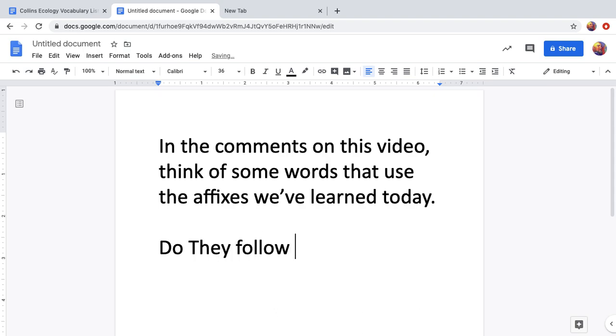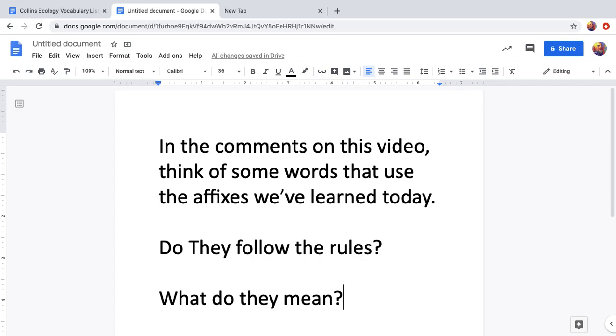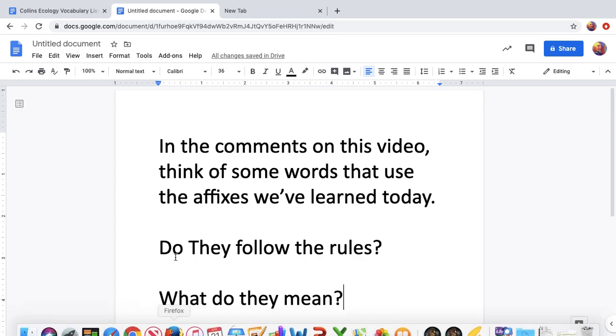Do they follow the rules? What do they mean? And this will give us a little bit of practice trying to figure out how these rules work when it comes to affixes and how we can give meaning to words as we encounter them.